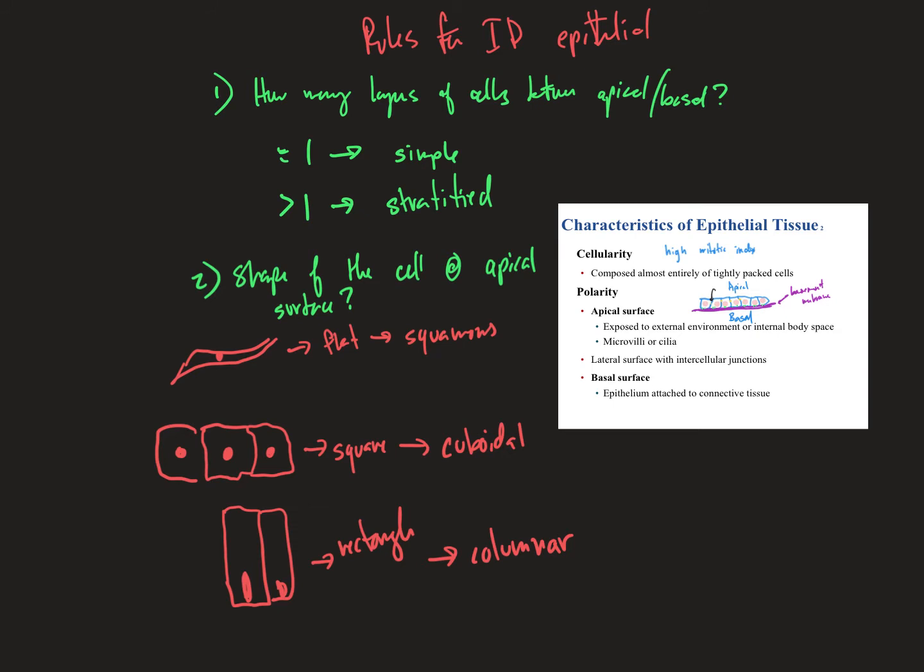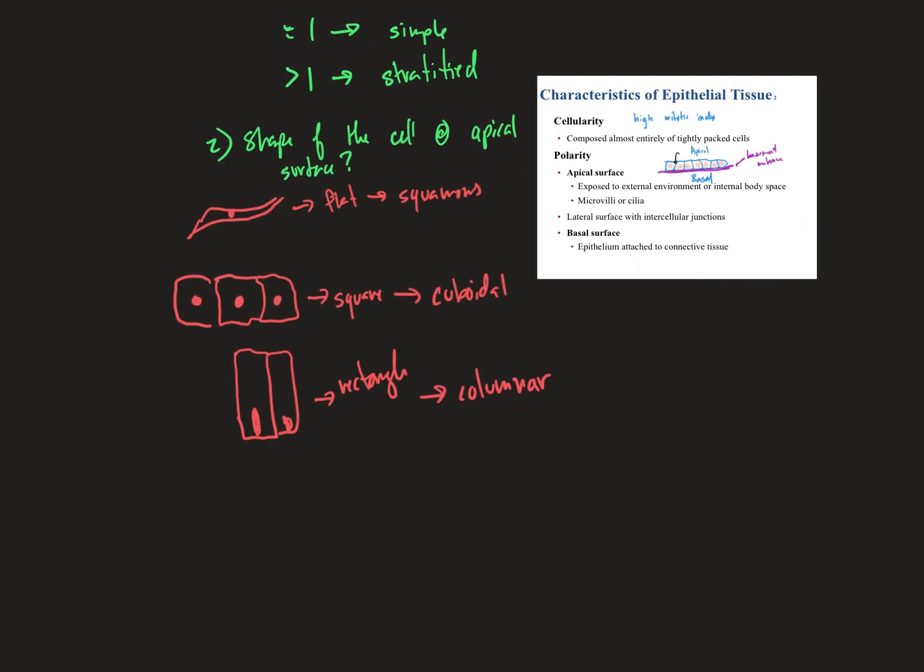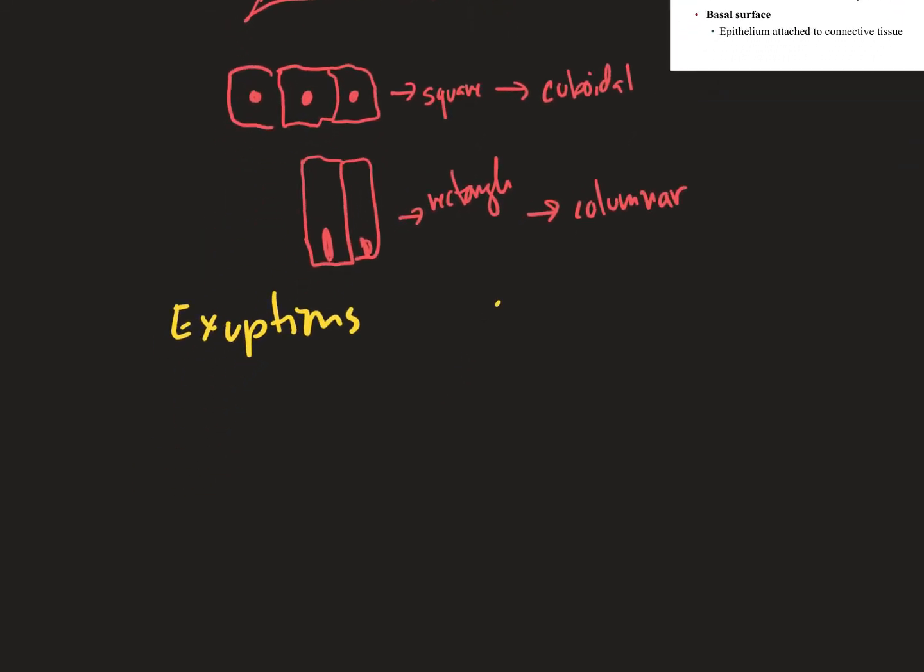There are always exceptions, okay? It can never just be straightforward. We have 2 exceptions. The first is a group of cells that look like there are multiple layers, but there aren't. Okay? So we have a cell that looks like this.